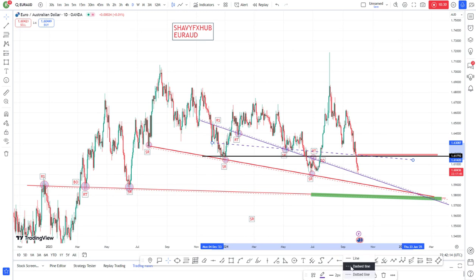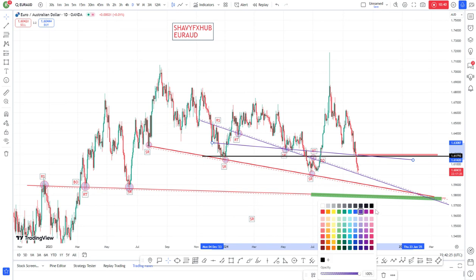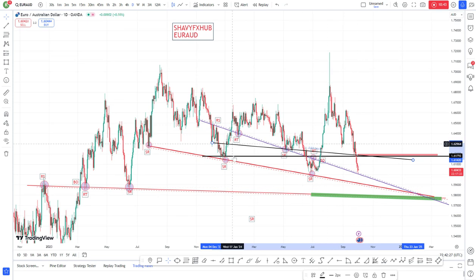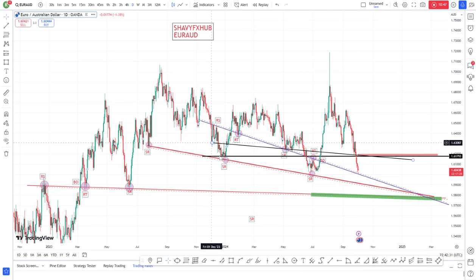The fundamentals are in favor of AUD, so the selling will continue until we get to our assigned selling zone. You see here we have a break of structure at this level.